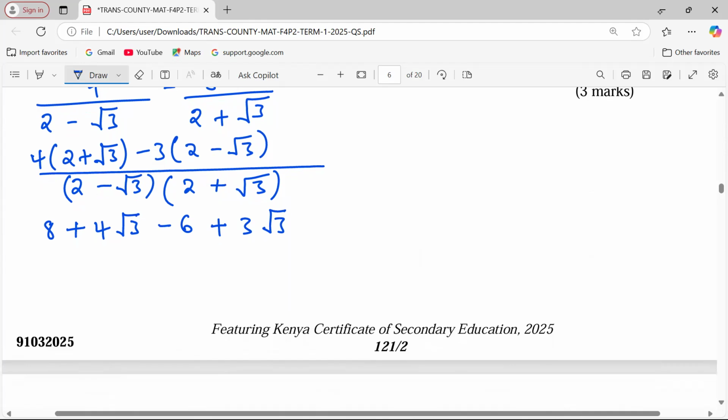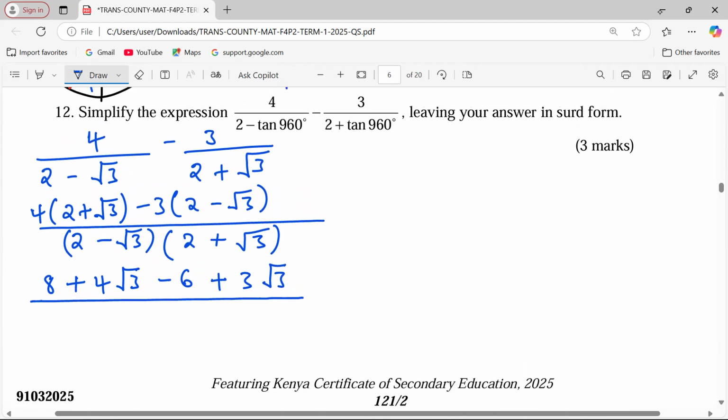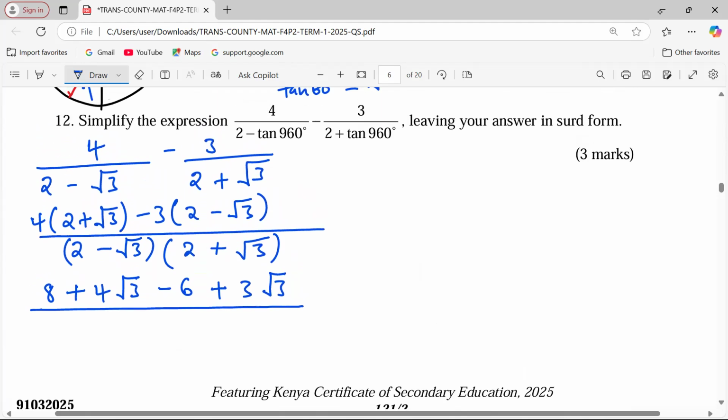Then divided by... assuming that you were not present in my previous lesson, I'm going to teach you how to rationalize this denominator. It's already a factorized form of a difference of two squares, and the first bracket and the second one are called conjugates of one another. So how do we expand a surd together with its conjugate?